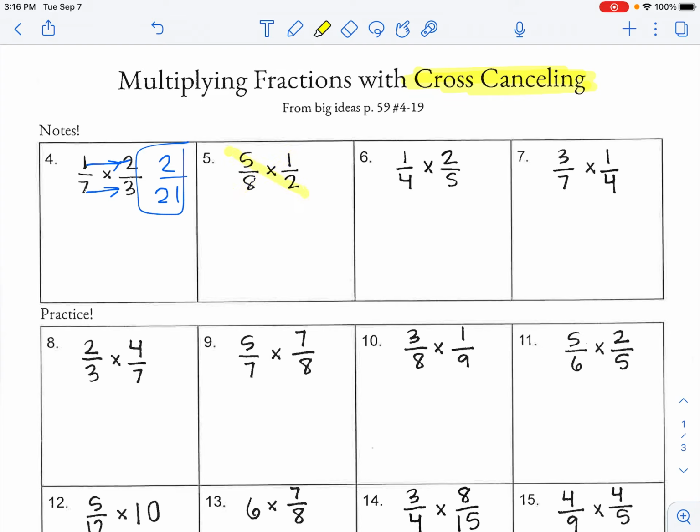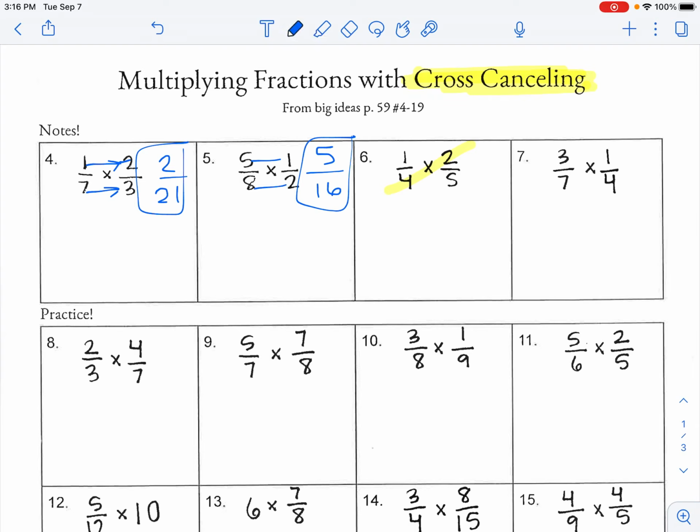Is there anything that you can divide 2 and 5 by? No. If you cannot divide, you're simply going to multiply your numerators and multiply your denominators. Check to see if your answer is reduced, which it is. Answer 5/16.